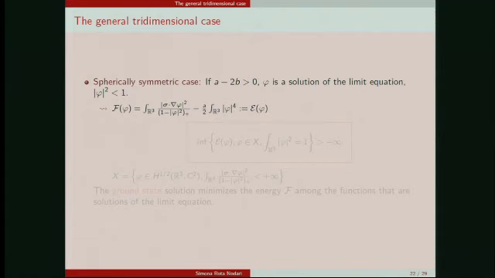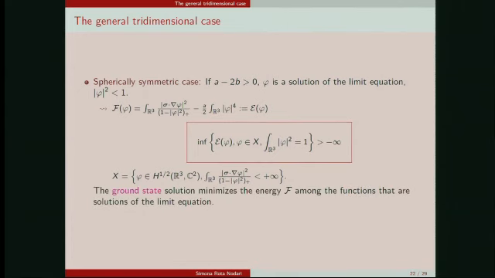And in this way, I define a new energy functional E. This energy functional is bounded from below under the normalization constraint in this set of functions. Then the ground state can be defined as the solution of the limit equation which minimizes the energy f among the functions that are solution of the limit equation.